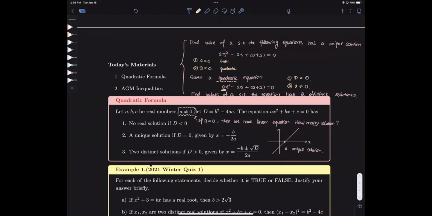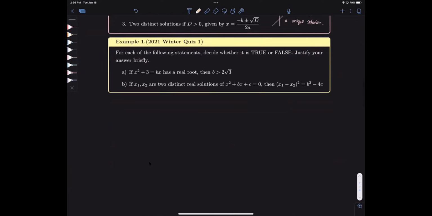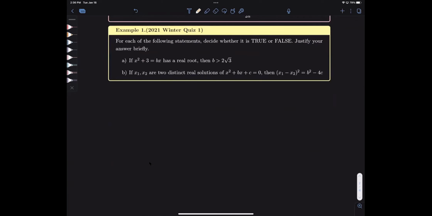We're clear. Cool. Now let's try example 1. The first example is a quiz question from last year. It says, for each of the following statements, decide whether it's true or false. Justify your answer briefly. I'll give you some time to think about A. I'll give you 3 minutes.